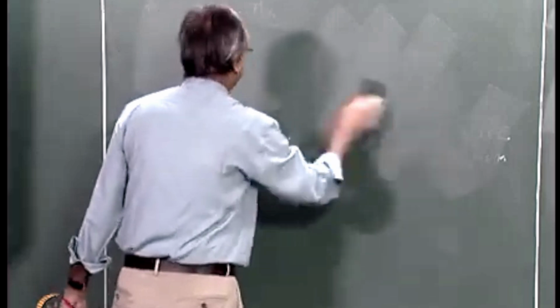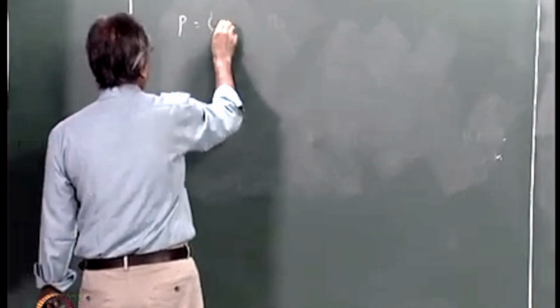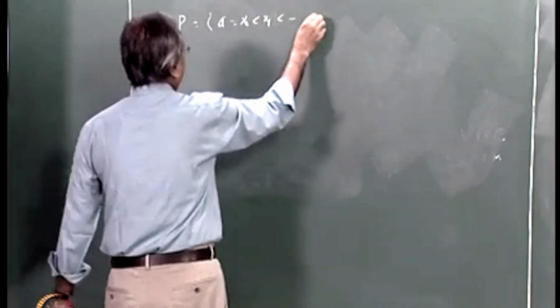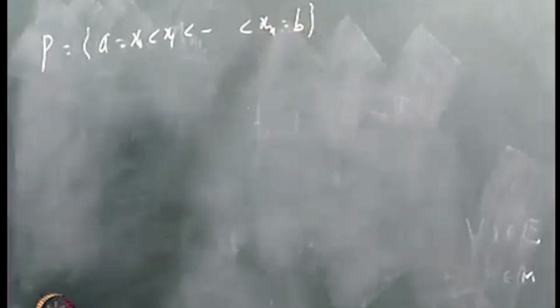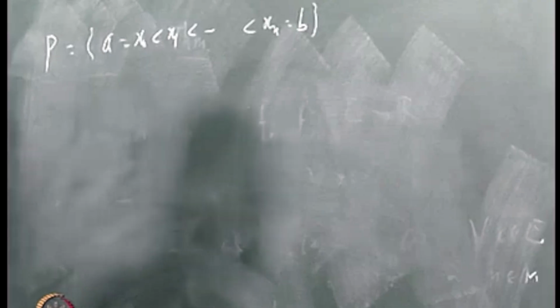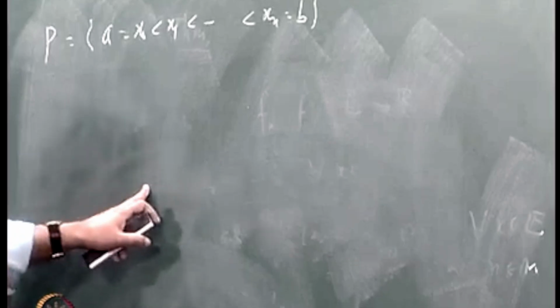Now to do that, let us look at this partition P. Suppose P is, as usual, a equal to x0 less than x1 less than and so on up to xn equal to b. And what is U(P, f, alpha)? To consider U(P, fn, alpha) or U(P, f, alpha), you have to look at the corresponding supremums in the subinterval x(i minus 1) to xi.